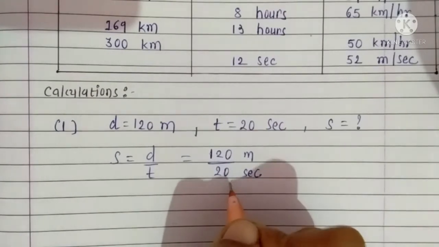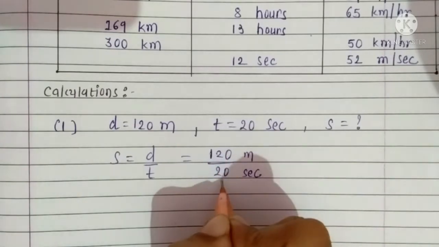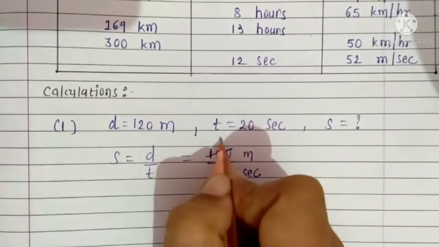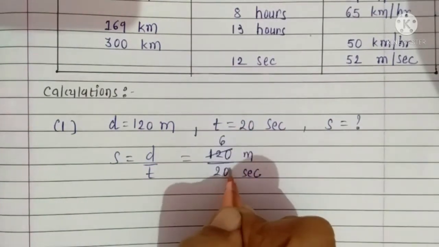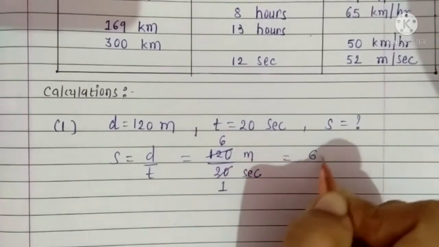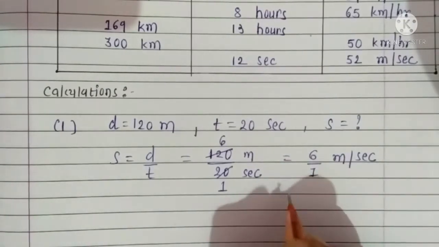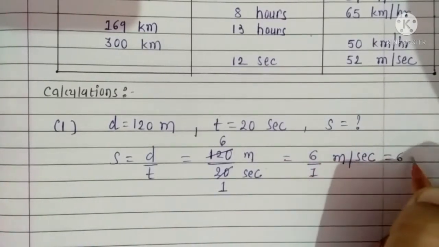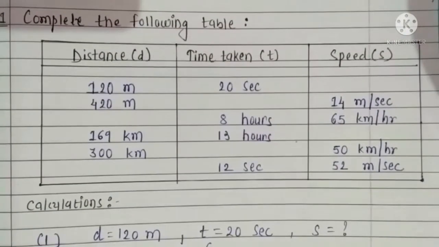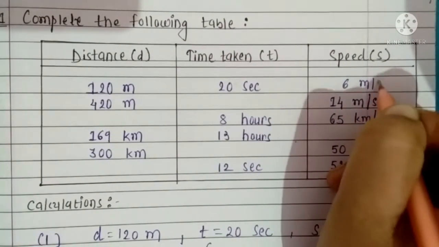Here we observe that 20 is a common factor of 120 and 20, so we will divide both by 20. 120 divided by 20, we get quotient 6, and 20 divided by 20, we get quotient 1. So we get 6 upon 1 meter per second, and this is equal to 6 meter per second. So here will come 6 meter per second.